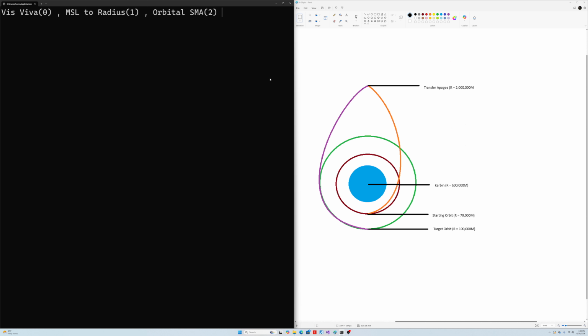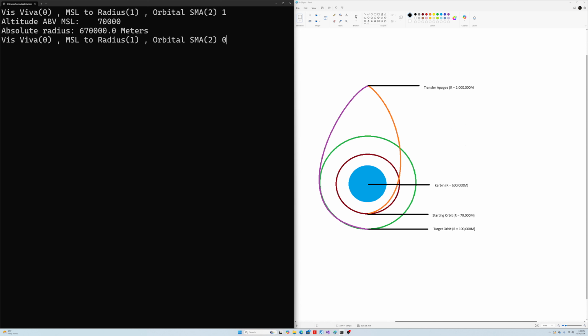In this case, I have a Python tool to help us out with that, which gives us an absolute radius or distance from Kerbin center of about 670,000 meters. Now, because it is a circular orbit, the semi-major axis and the radius are exactly the same.